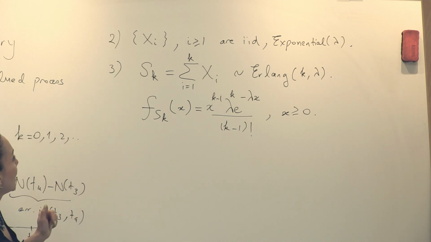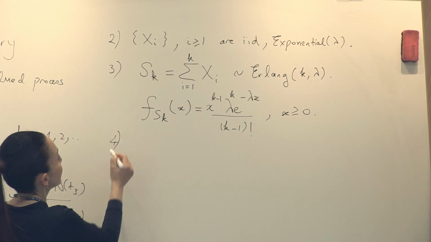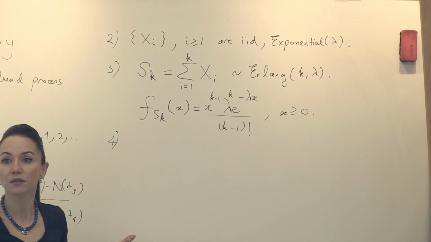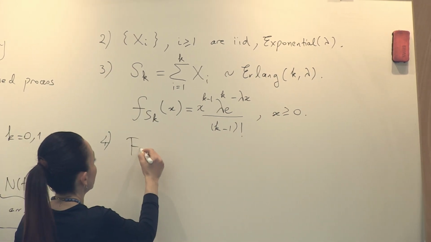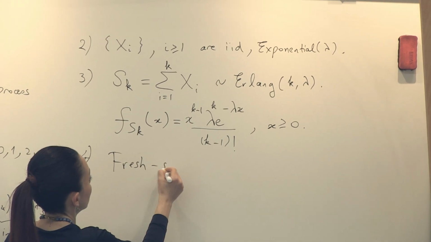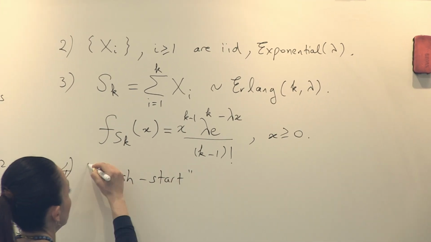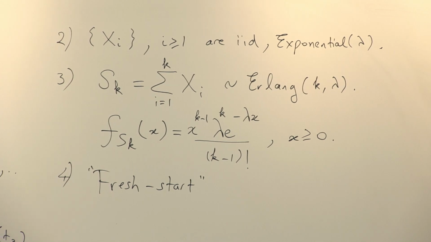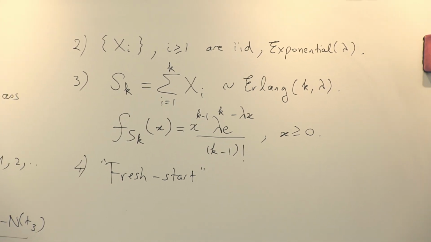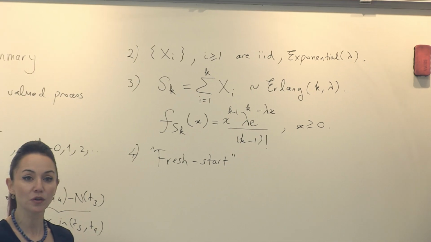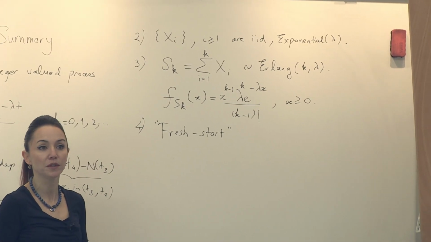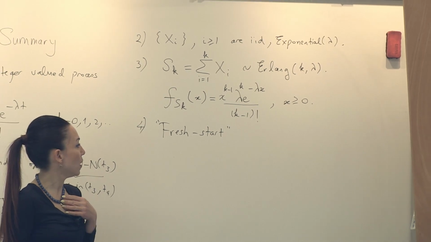Okay, so that's that. What else? As a consequence of the exponential interarrivals, we have the fresh start property. And that is very useful when we're analyzing the Poisson process or models based on it, because when you start observing the Poisson process, it's as if you're observing from time t equals 0. What else?